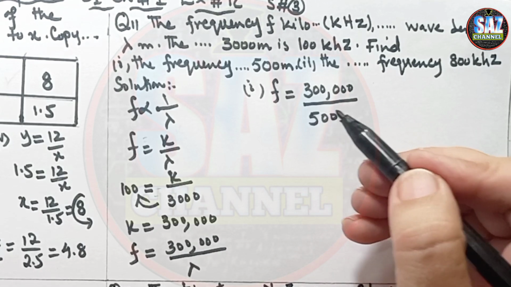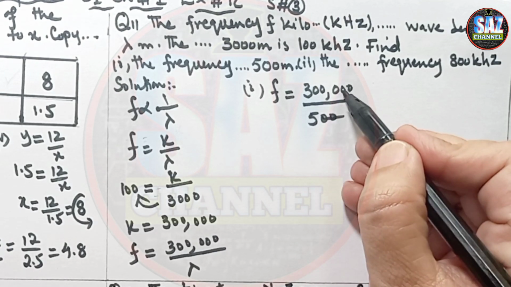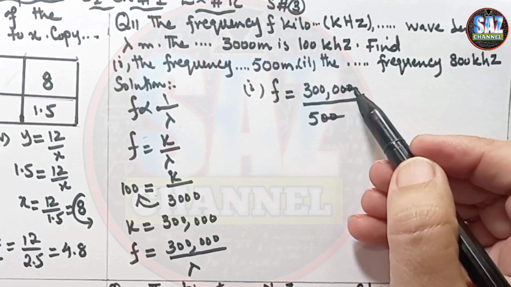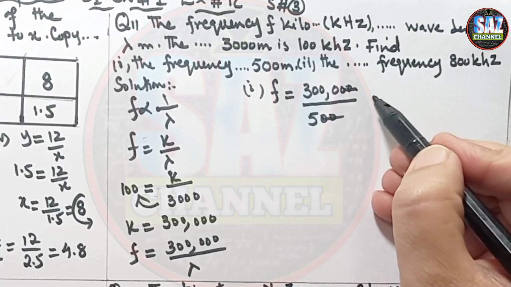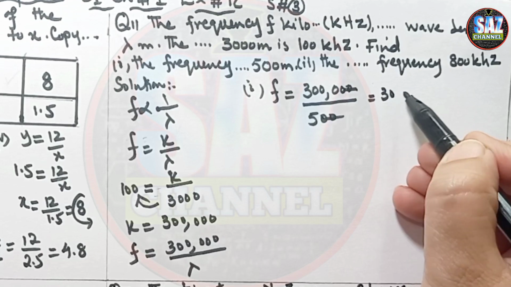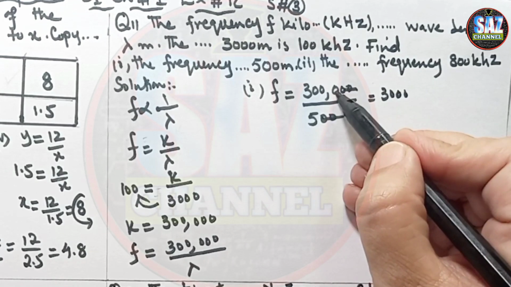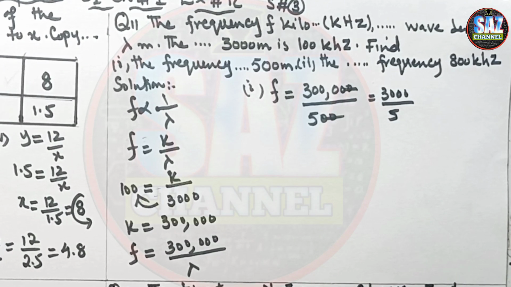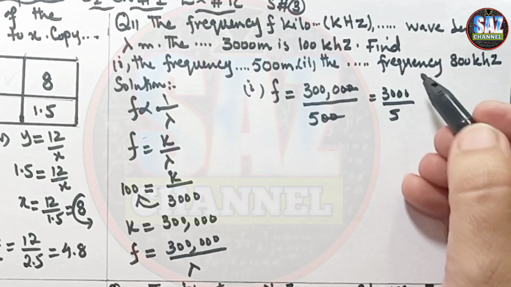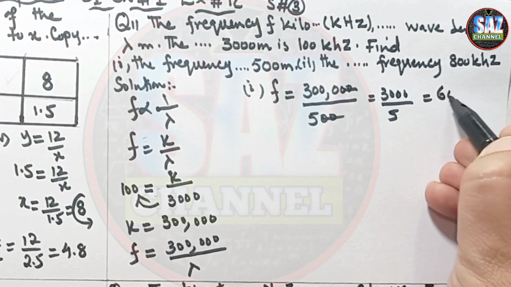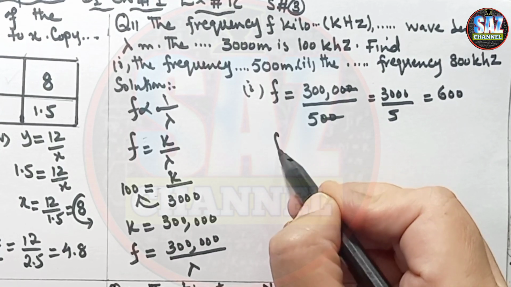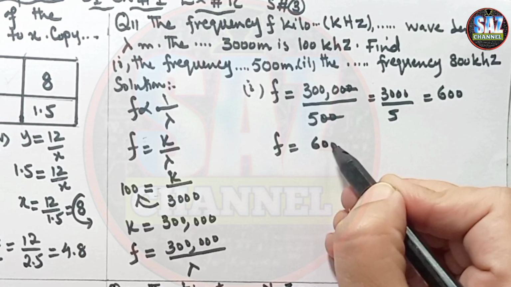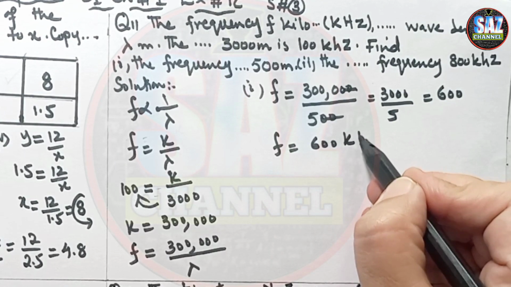Now we can cancel these two zeros, and I will be left with 3000 upon 5, and 3000 divided by 5 equals 600. So the frequency is 600 kilohertz.